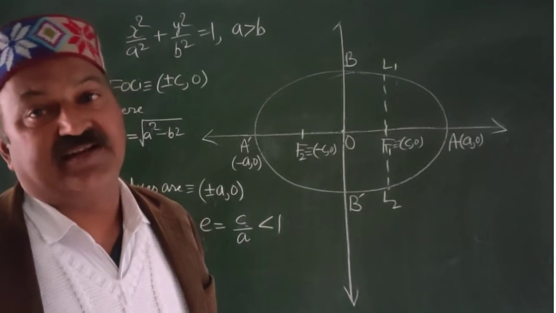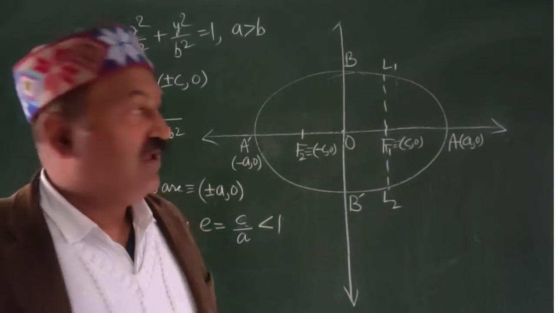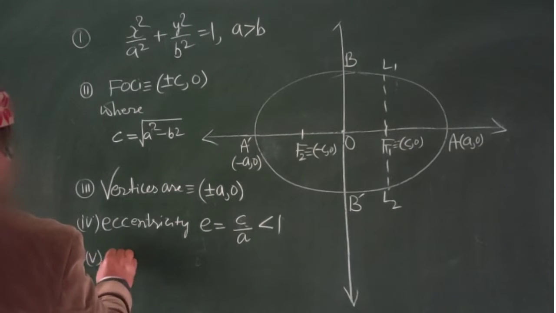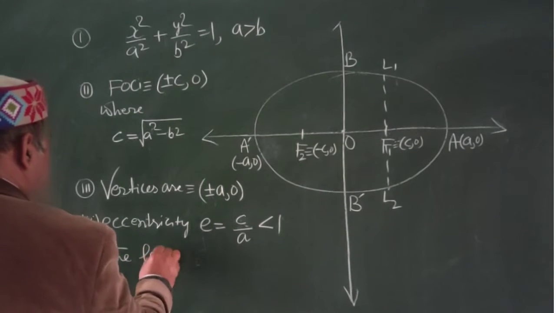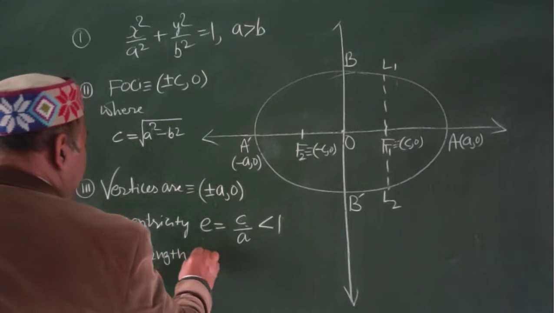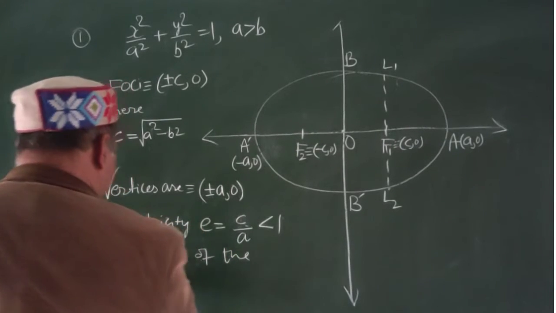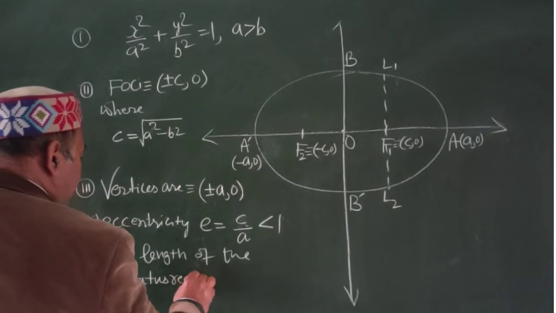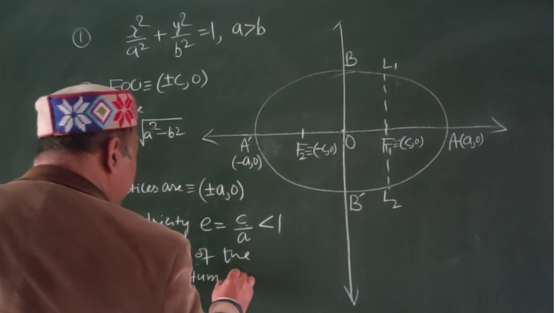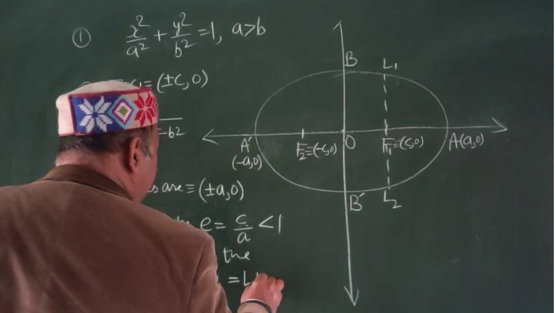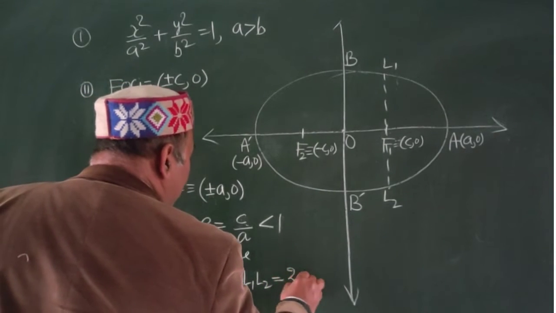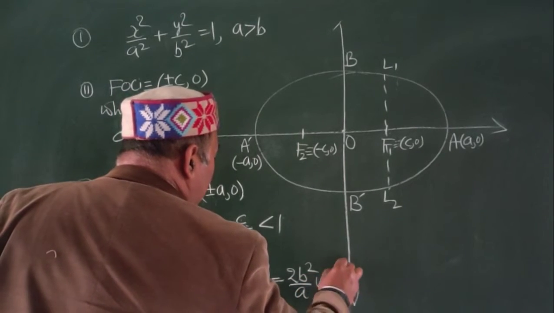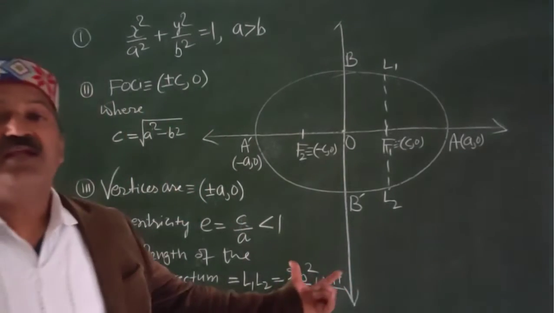It is the lattice rectum of the ellipse, and the fifth formula is: the length of the lattice rectum is equal to L1 L2, that is equal to B square upon A. This is the length of the lattice rectum of the ellipse.